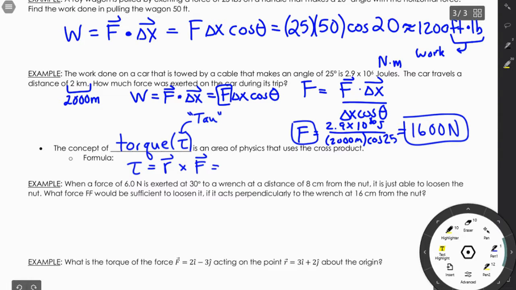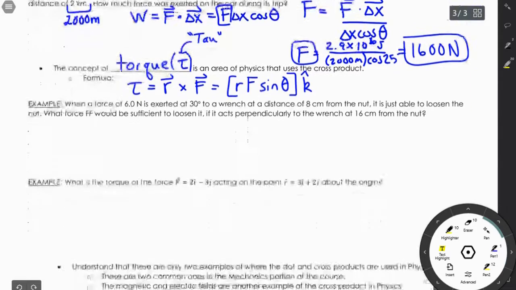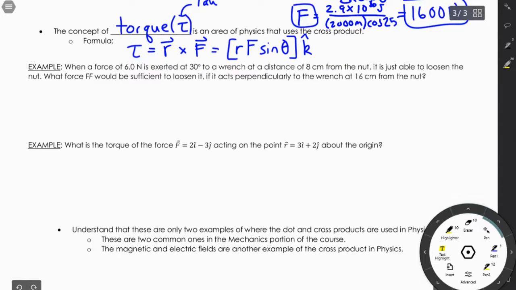Because if I didn't follow the right order, I would end up with negatives and so forth, okay? And so that's just simply RF sine theta, right? And then we'll just call it K hat because it's generally going to be in the Z direction, remember, and so forth, okay? And so let's look at how this is used, all right?